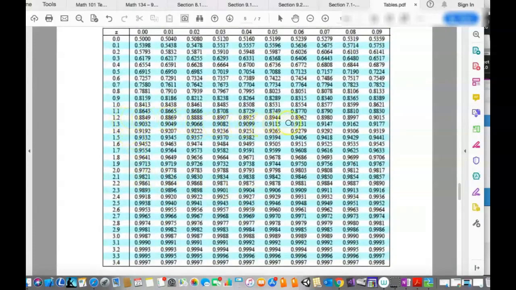Okay, so I have these two numbers: 0.8997 and 0.9015. We need to choose the closest one to 0.90 or 90%. So this is the closest one. I'm not choosing that one, so I'm choosing this number, that is the closest to 90%. Going to the left, here we have 1.2. And going on top, here is 0.08. So adding these two numbers, we have 1.28. That is the Z score.